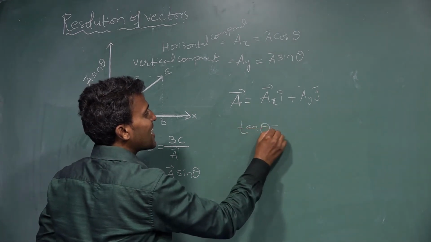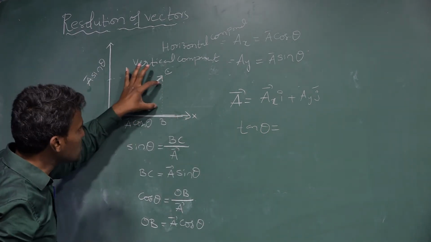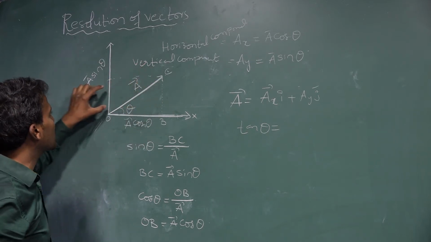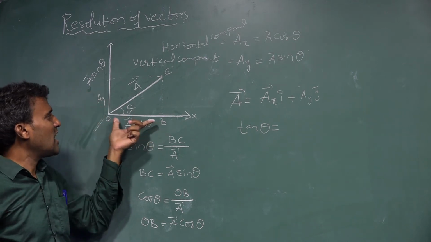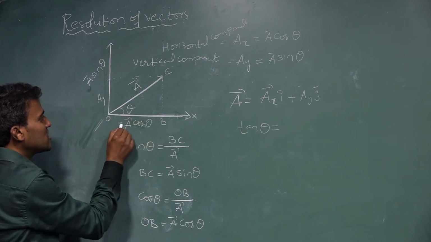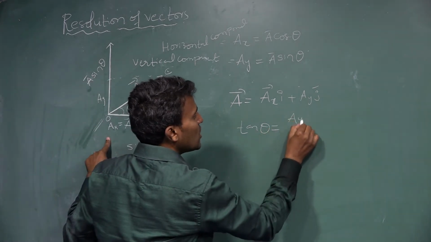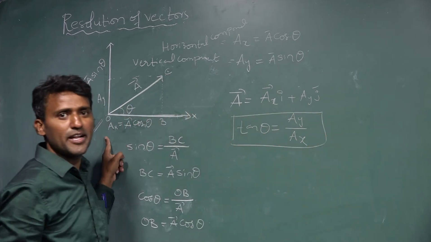To find the direction, tan theta is equal to opposite side divided by adjacent side. Here the opposite side we have taken is the vertical component AY, and the adjacent side is the horizontal component AX. So tan theta is equal to AY divided by AX.